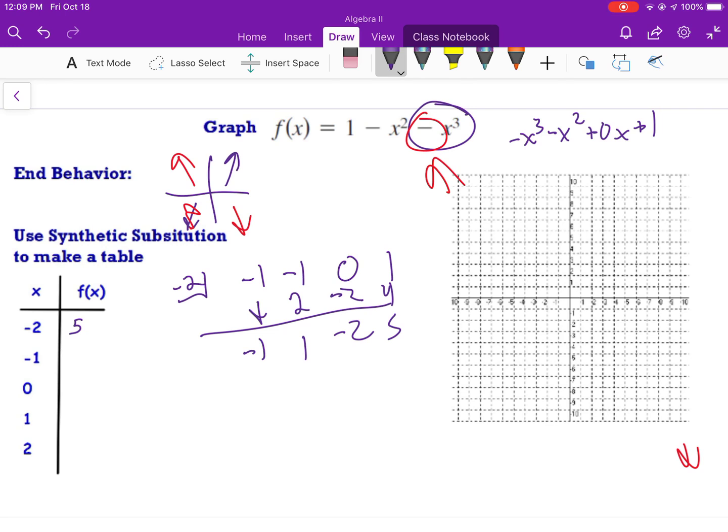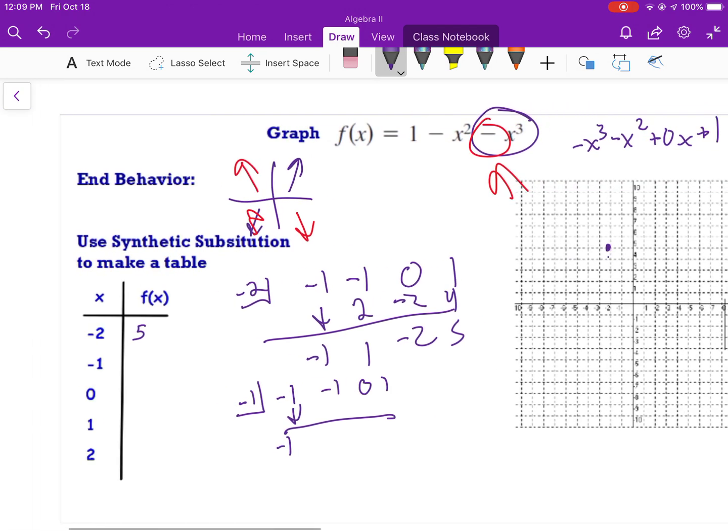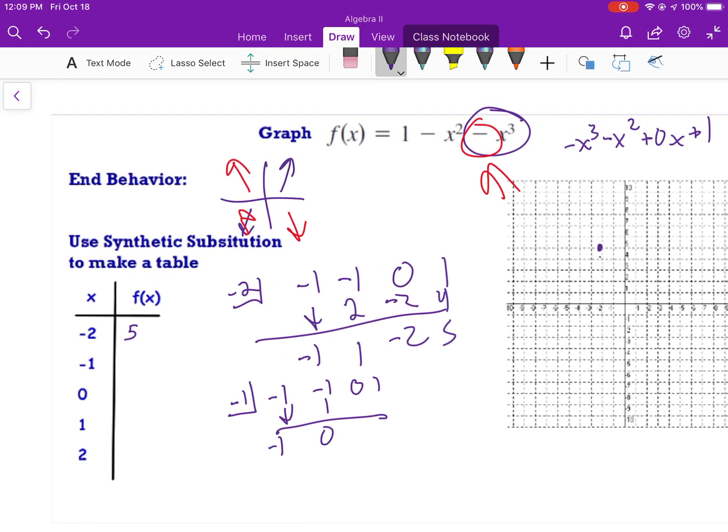So -2, 5 is one point. Okay, do the same thing with -1. Now, this isn't a parabola, so don't think it's symmetrical. So 1, 0, 0, 0, and 1. If I were to put in 0, I'm not going to do that. I'm just going to do direct because 0 will make all those go away, and I'm left with 1 as well.